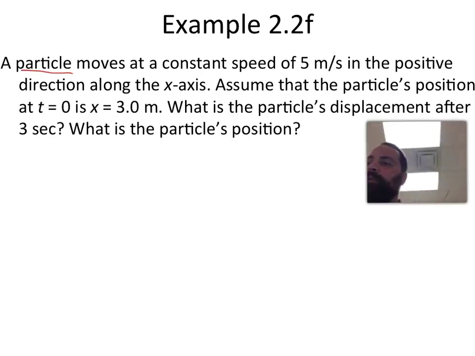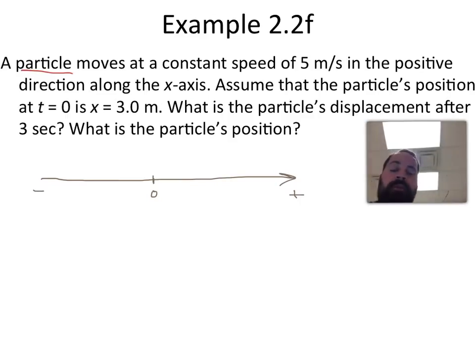So let's actually just draw out an axis right here. Not very horizontal, but that is the x-axis. We'll call maybe that 0. That's positive, as indicated by the arrowhead, and then just to be redundant, we can put a negative right there. So we've got a particle, an object, moving at a constant speed of 5 meters per second along the x-axis.